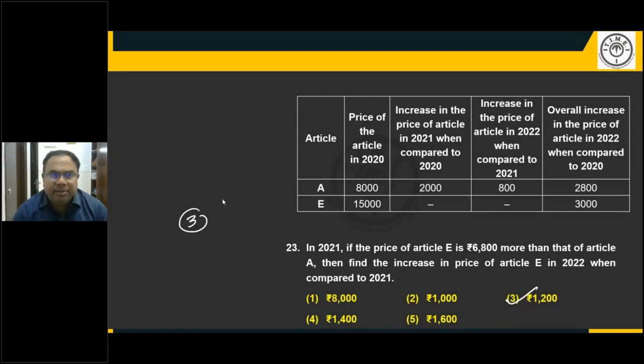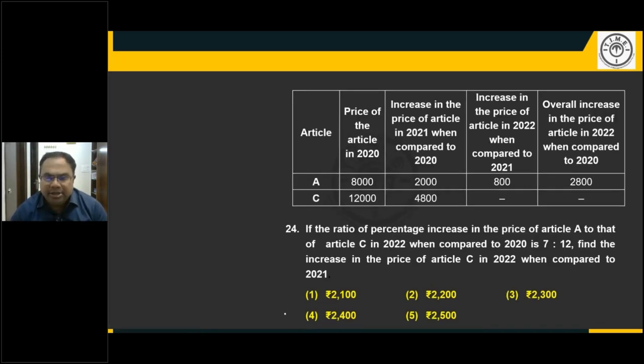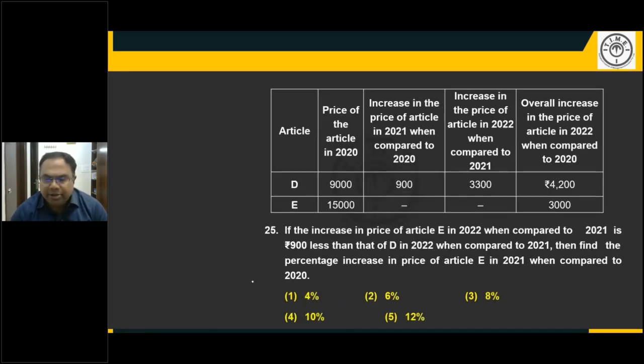Take a screenshot to try this later on. This is IBPS PO 22 main exam. 24, choice 4. Take a screenshot. 25, choice 1. I'm not solving this. You try this. You'll get it. Not a difficult question.